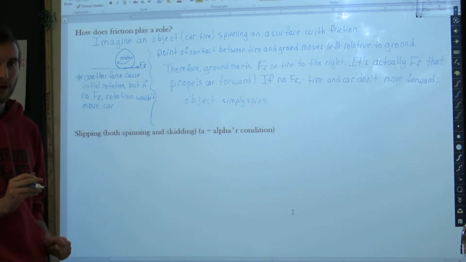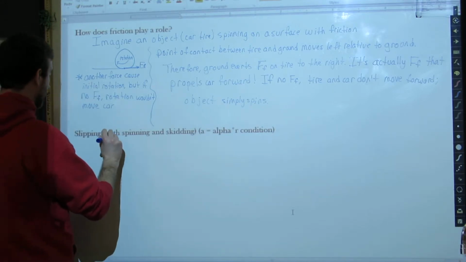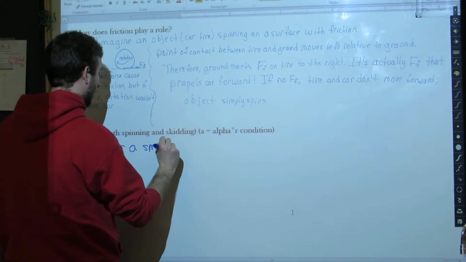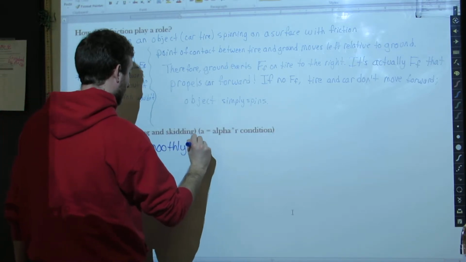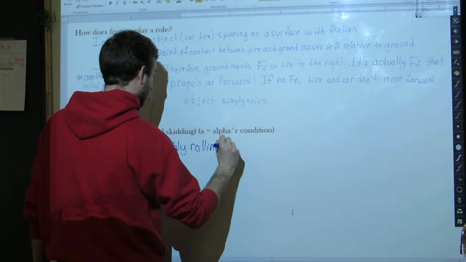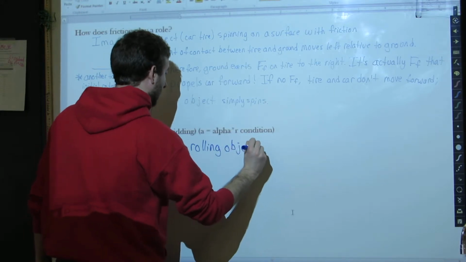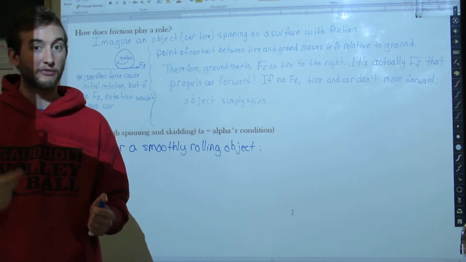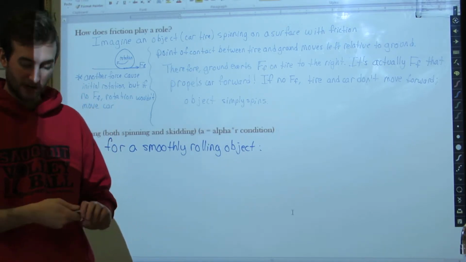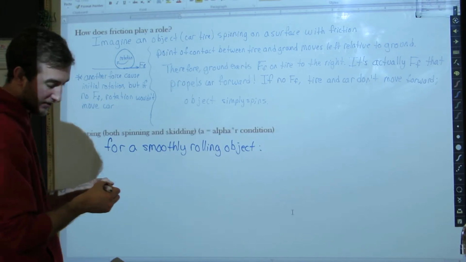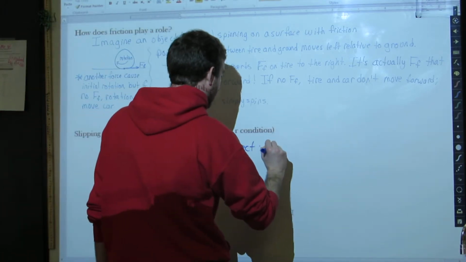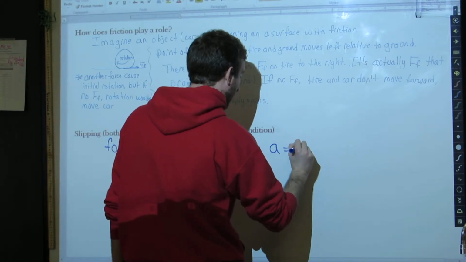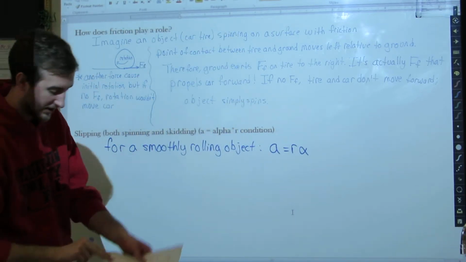When an object rolls without slipping, in other words, for what we would call a smoothly rolling object, and this goes back to when we first started talking about angular motion, it means that the linear acceleration is equal to r times the angular acceleration.